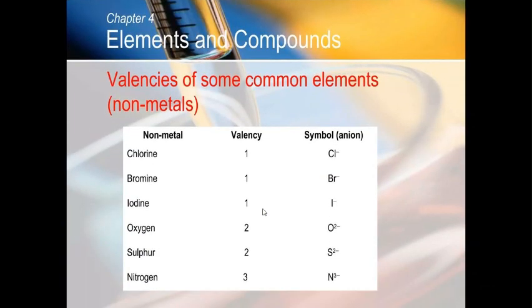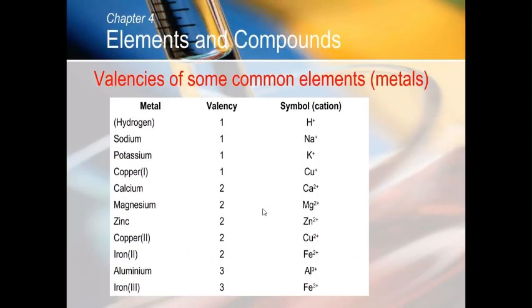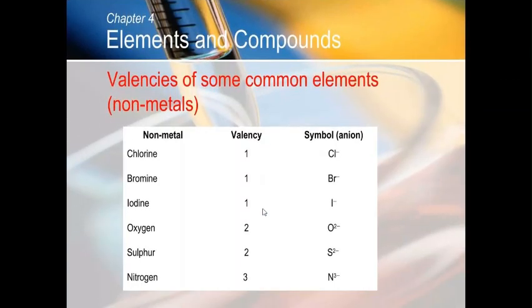So let's look at the valency of some common non-metals. As I said before, if you look back at the symbol, cations are positively charged, anions are negatively charged, and remember this is very important. Now let's look at some of the non-metals, their valency and their symbol or anion charges.